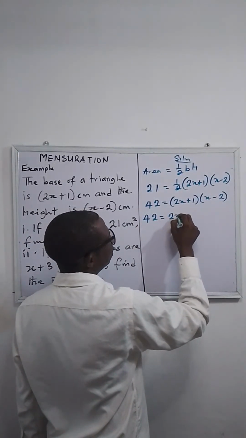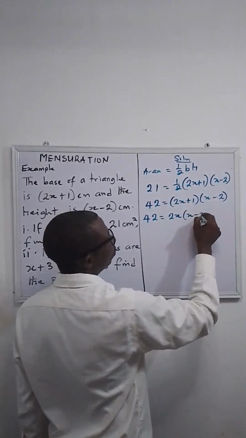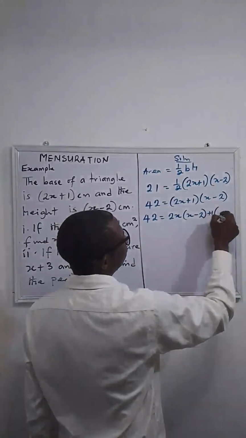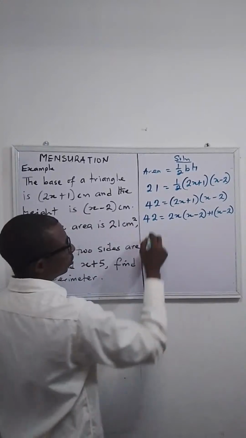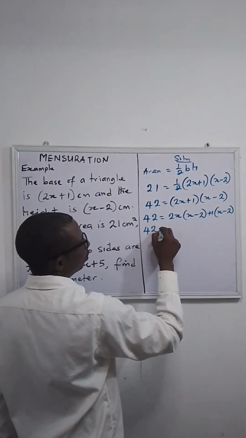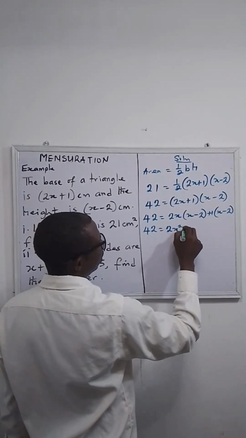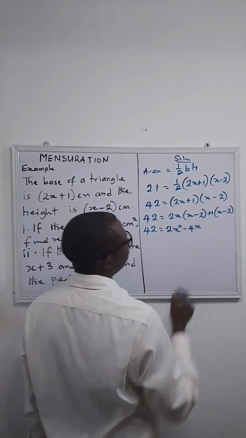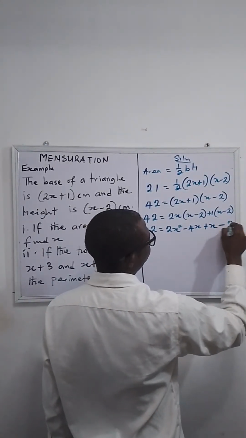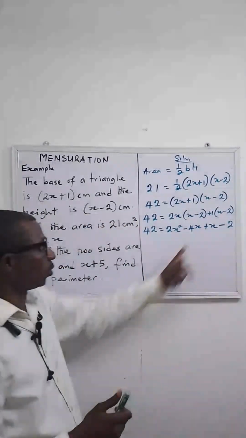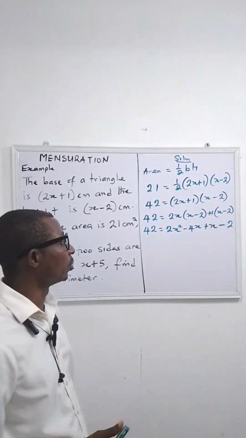We have 2x times x minus 2, plus 1 times x minus 2. When you open the bracket, you have 2x squared minus 4x plus x minus 2, because 1 times x is x, 1 times negative 2 is negative 2.